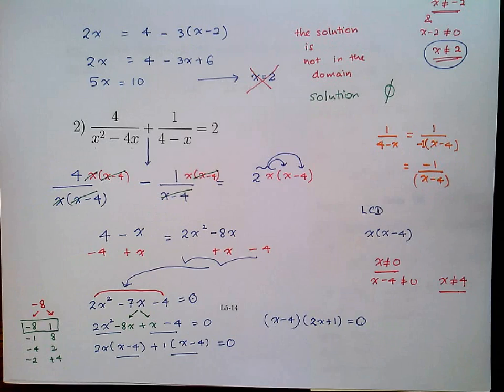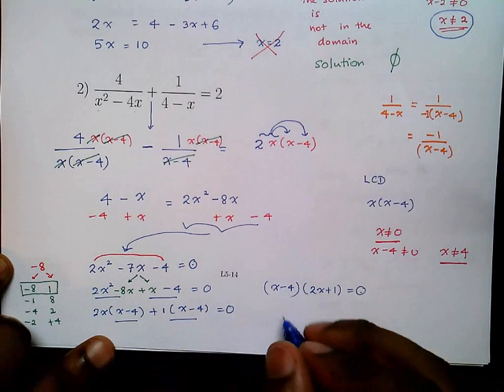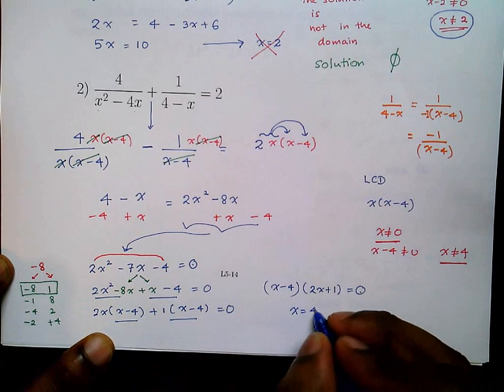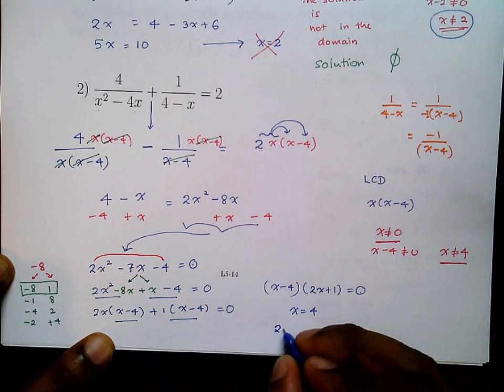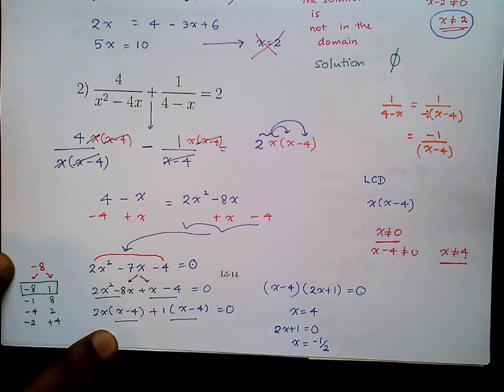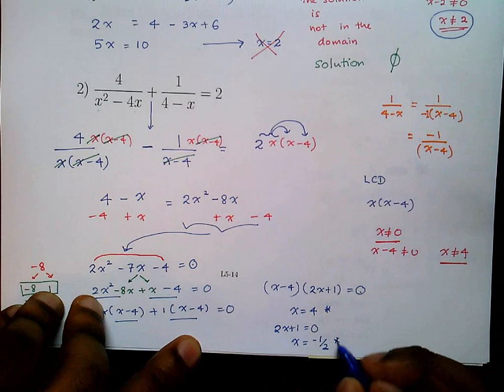Now you can find the solutions for the quadratic equation. That would be x equals 4 and 2x plus 1 equals 0, that would be x equals negative 1 half. So these are the possible solutions.